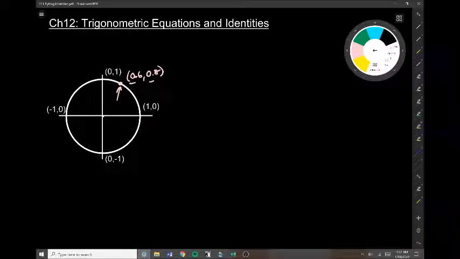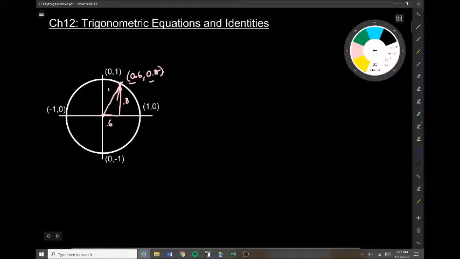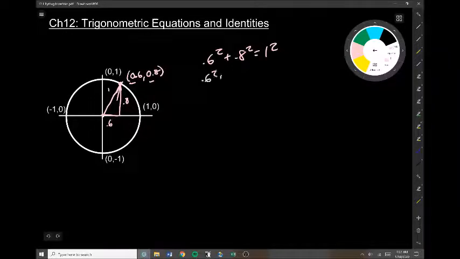Well, since we know the unit circle has a radius of 1 unit, we know that this length here plus this length here, when we do the Pythagorean theorem, should come out to 1. So if 0.6 squared plus 0.8 squared equals 1, then this point is on the unit circle.